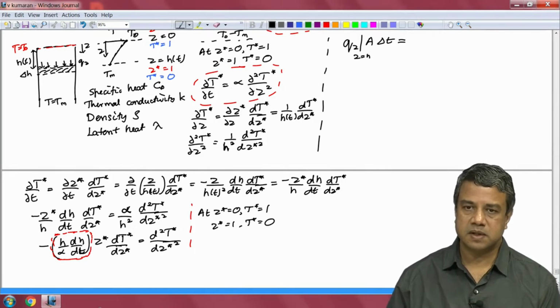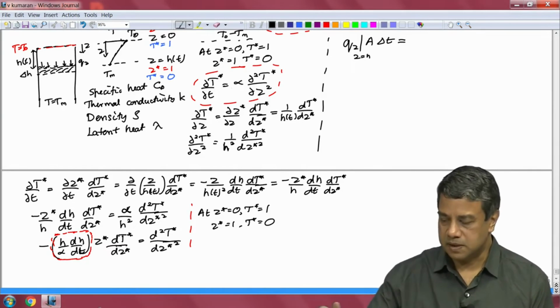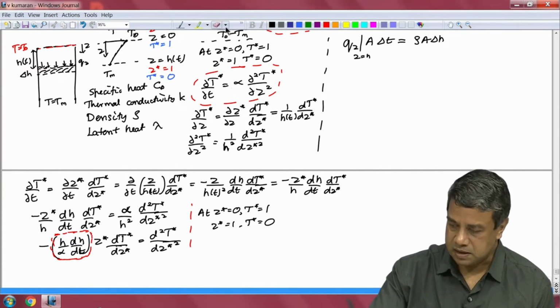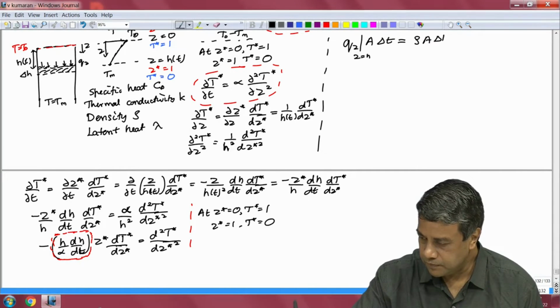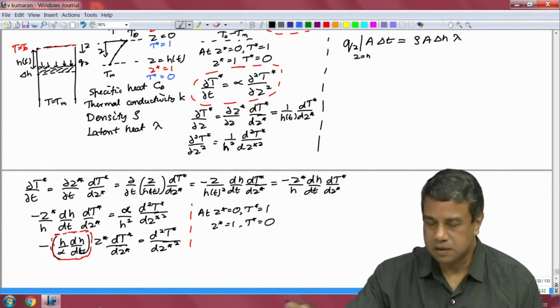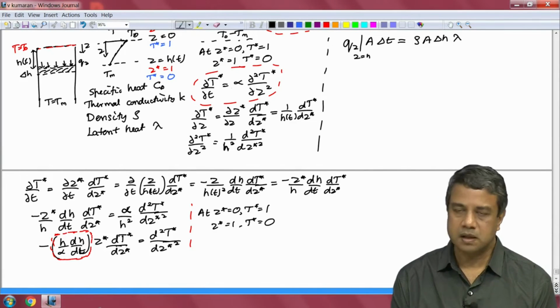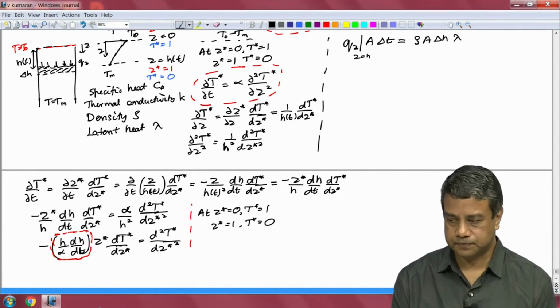The mass that is melted is the density times the volume, and the volume is A times delta H. Latent heat is the heat required per unit mass, multiplied by the mass that is melted, which gives you the total heat that is transferred. So, this is the condition.